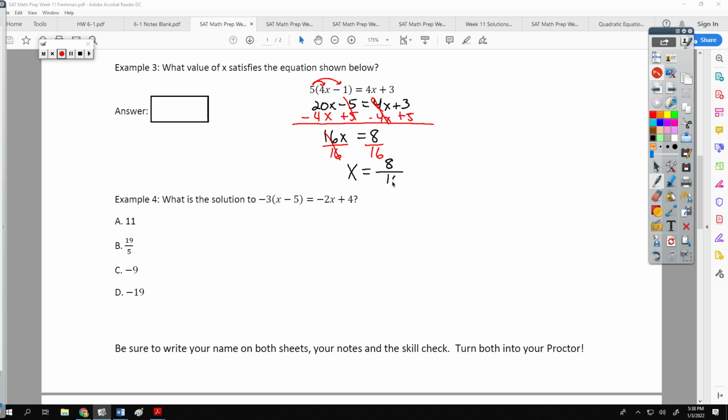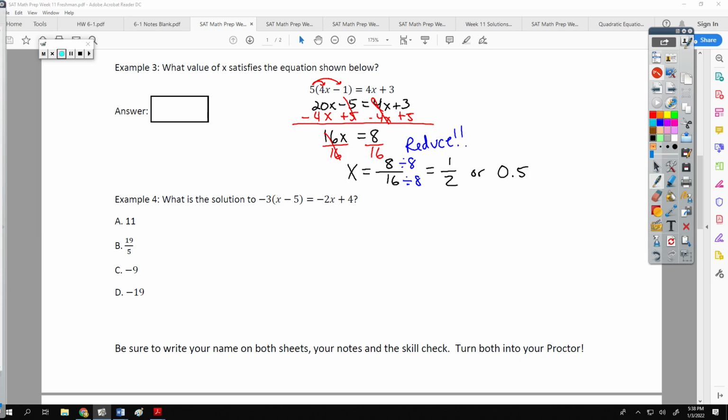Now remember that you have 2 options here. You can either write that as a decimal, or you can reduce this fraction. You must reduce, if possible. Both the top and bottom of this fraction are divisible by 8. So that would give us x equals 1/2, or 0.5.